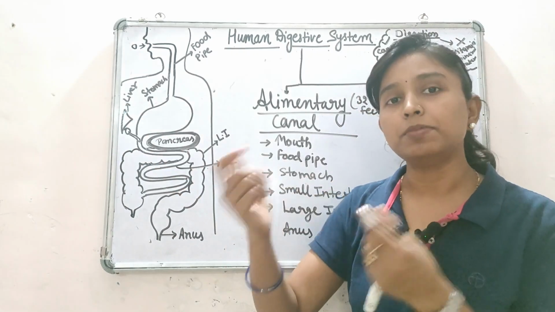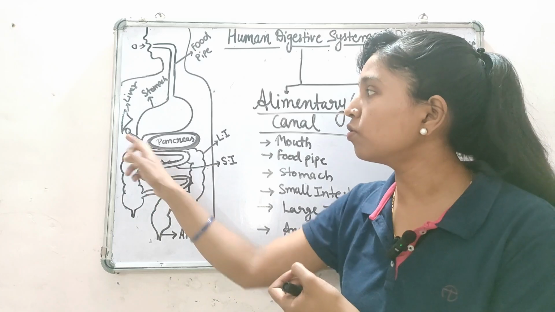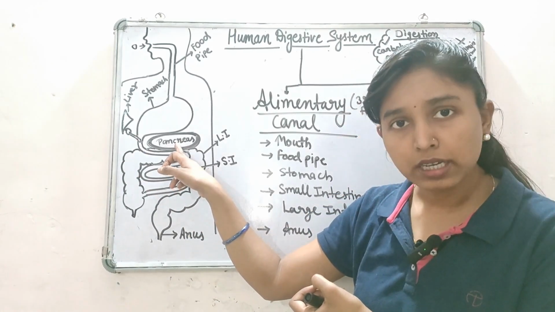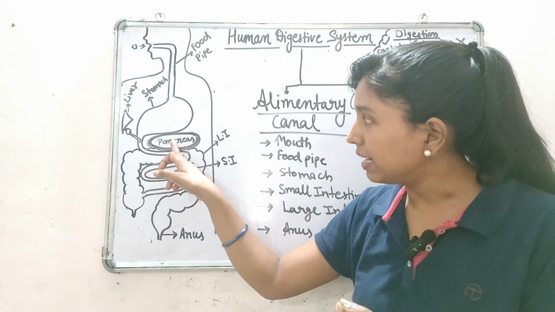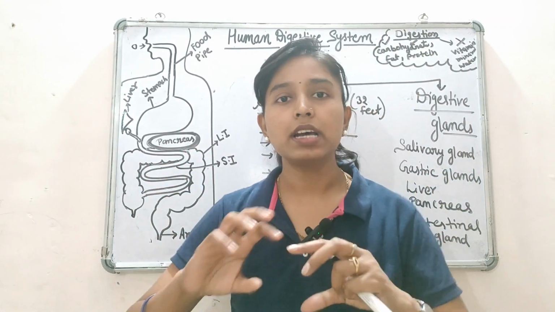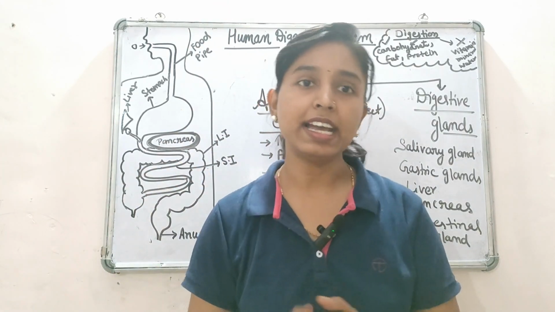The liver produces a juice, the bile juice, which gets stored in the gallbladder. This is another digestive gland, the pancreas. These glands surround the alimentary canal and help in digestion.